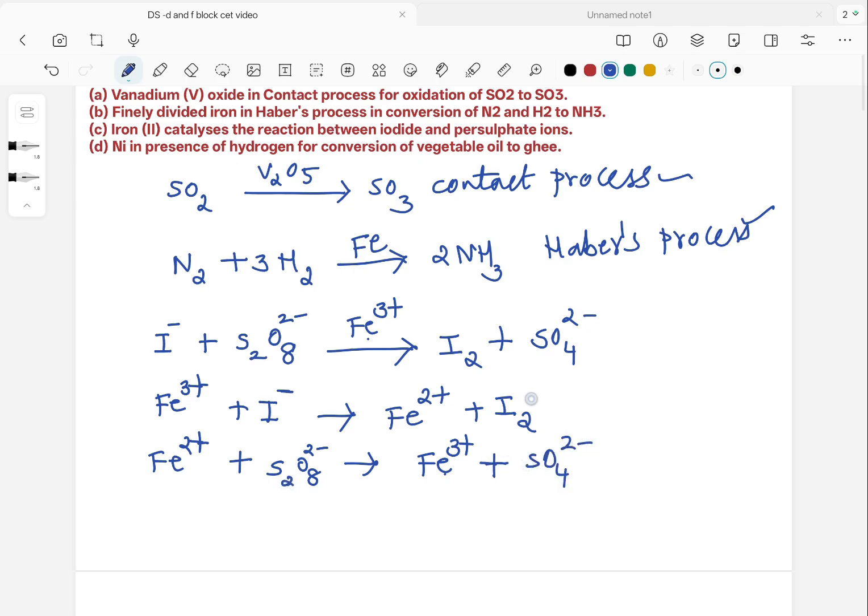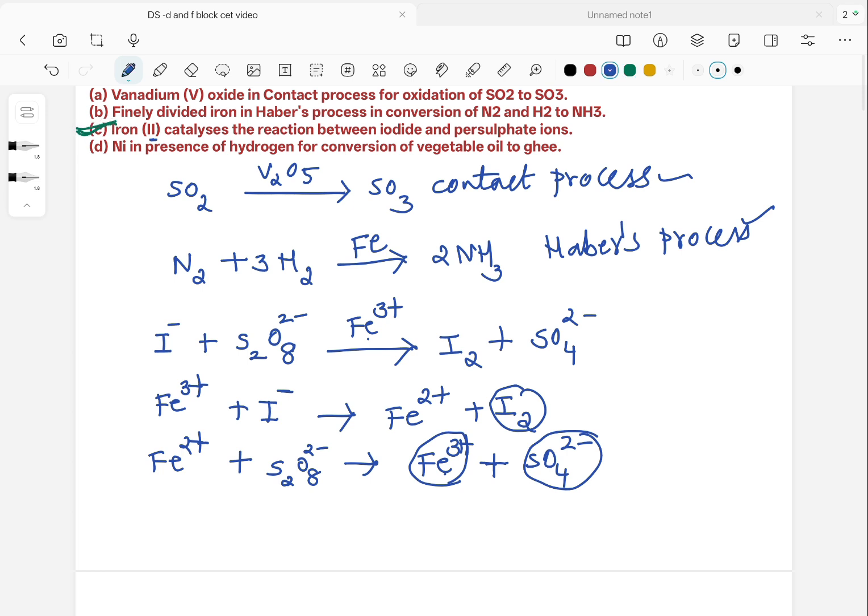Here the products I2 and sulfate are formed and ferric ion is regenerated, which is the catalyst here. Therefore, in this option, Fe2+ is the wrong statement. It should be Fe3+. Therefore, the answer for this question should be option C.